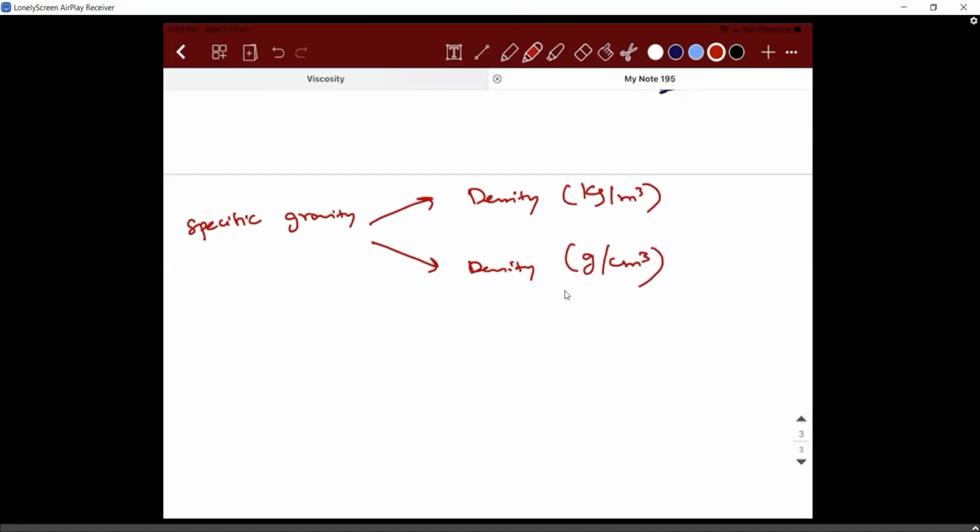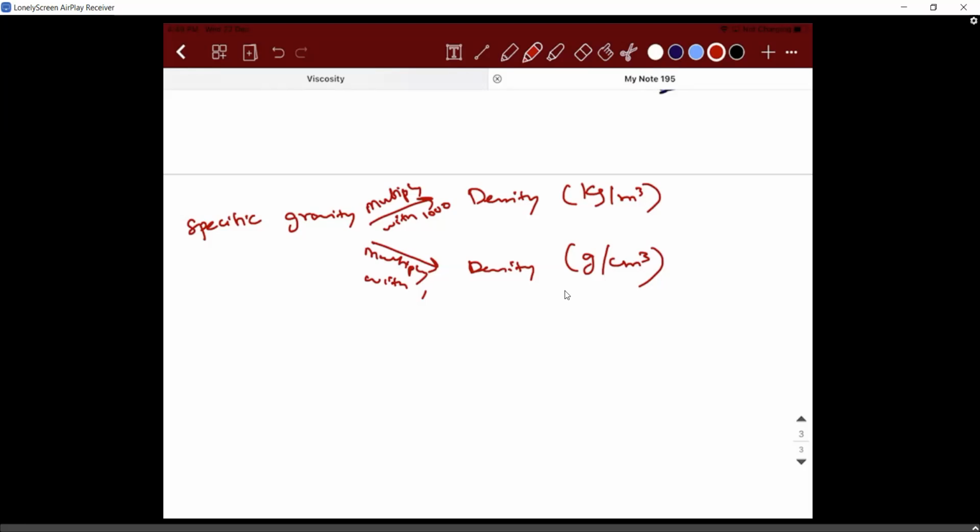So if you want this, multiply with 1000. That is the density of water at 4 degrees Celsius. Here, multiply with 1, because the CGS value of density of water is 1 gram per centimeter cube. Are you able to understand this point?